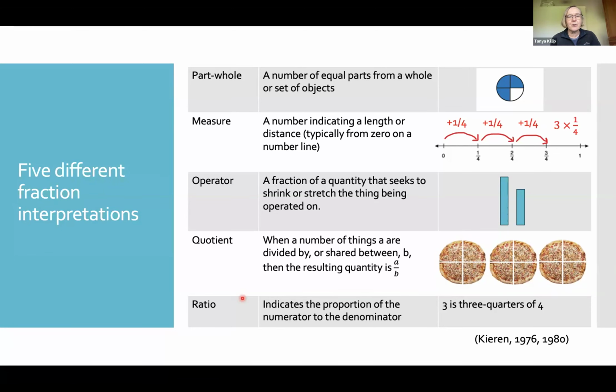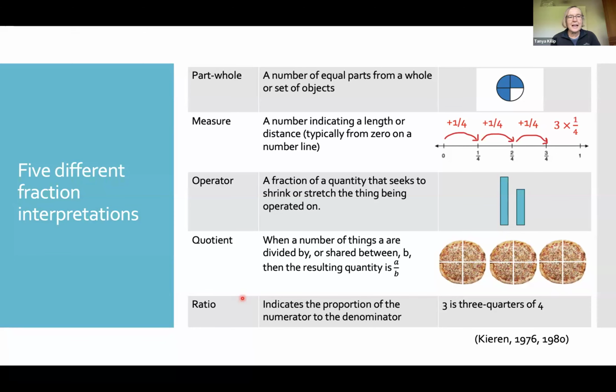And it's important to note that some commentators call these interpretations because they're essentially the same. In fact, in maths, they're isomorphic. But the point is they're a different way of looking at or interpreting what a fraction is. So let's look at each of these briefly in turn.